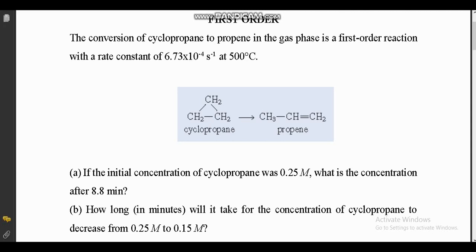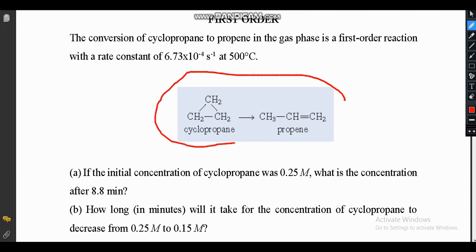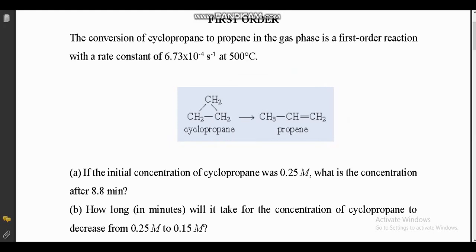We have a description of how the reaction happens. The first question that we want to calculate is: if the initial concentration of cyclopropane was 0.25 M, what is the concentration after 8.8 minutes?